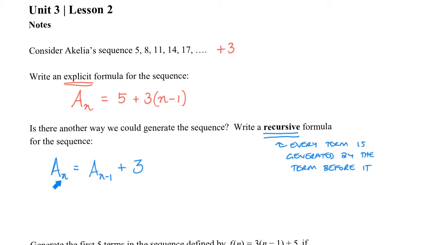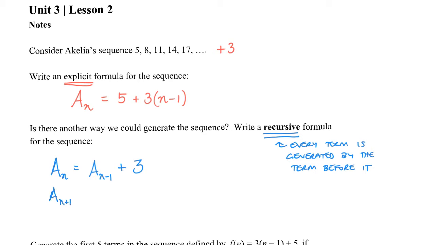Say I want the 50th term. How do I get it? I take the 49th term, which is defined as A of n minus 1. So this would be A sub 49. I take that and I add 3 to it. Now, you could write the exact same thing this way.